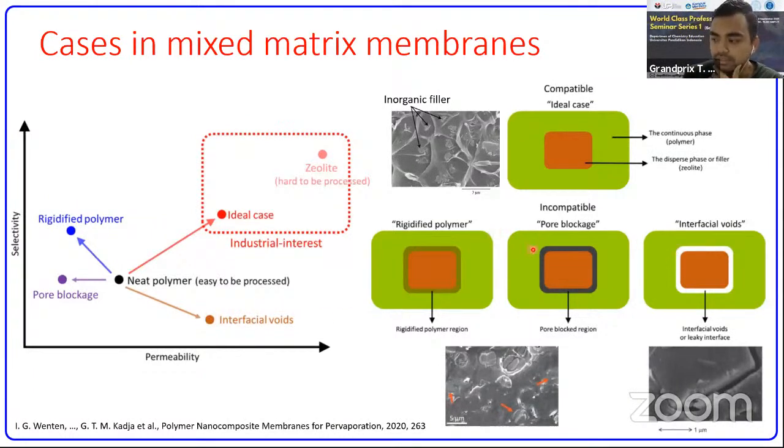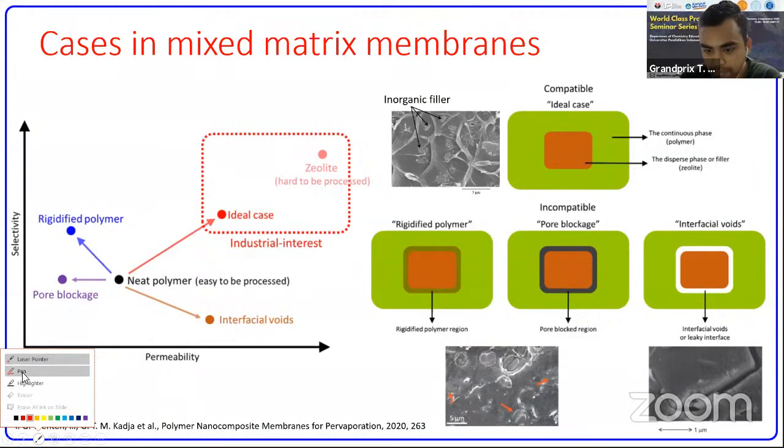On the other hand, we could also encounter these two cases, the rigidified polymer or the pore blockage. The rigidified polymer means the polymer within the interface of the zeolite will be rigidified. It will lose its porosity. So if the porosity is eliminated, then the separation performance also decreases.